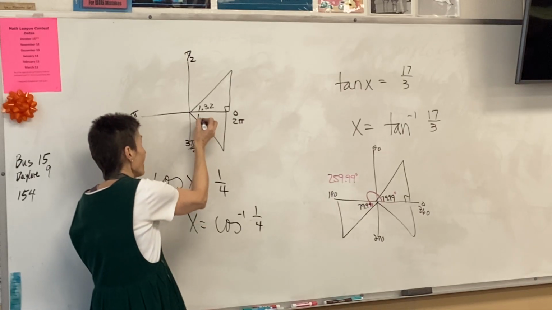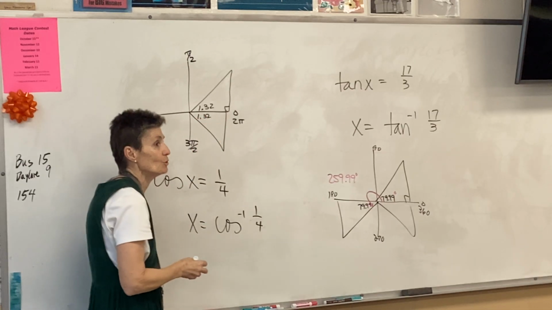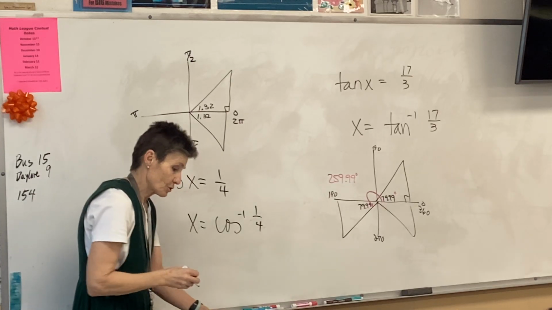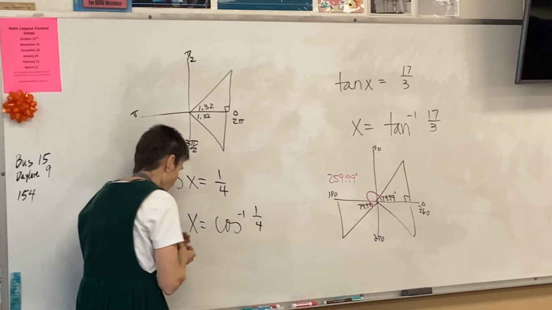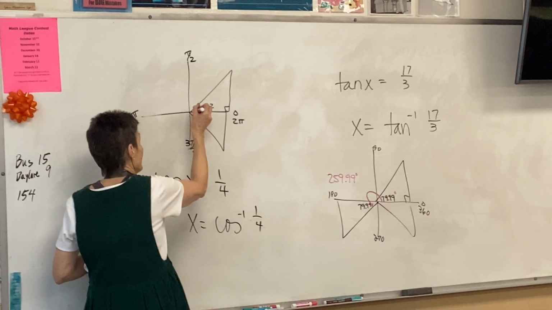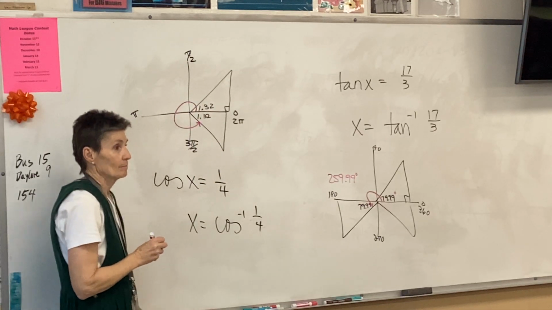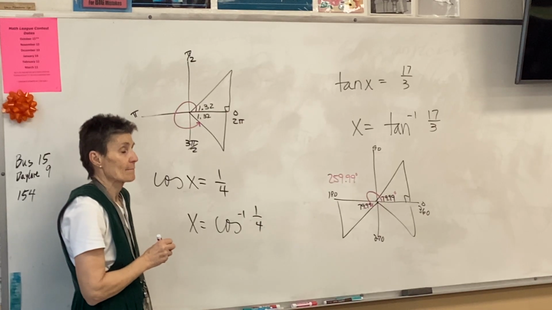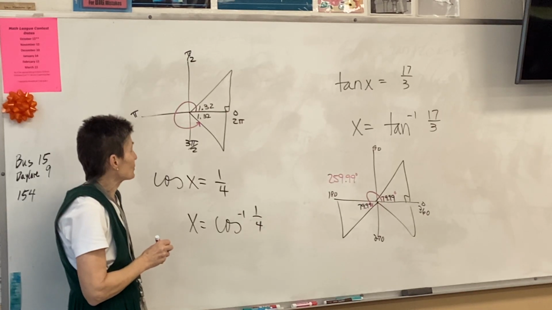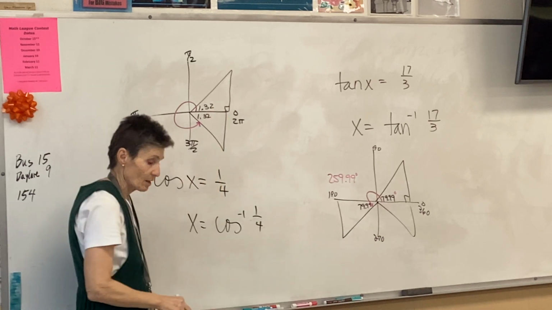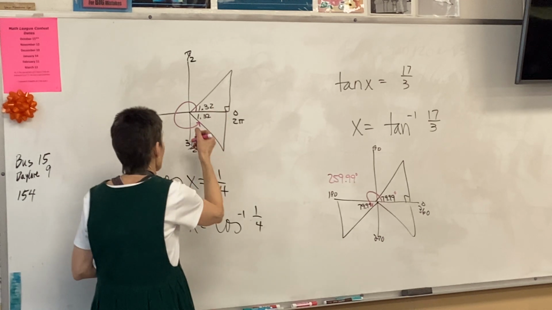So you have a 1.32 angle in quadrant 4. So you're looking for this angle right here. It's 2 pi minus 1.32. It's 4.96.